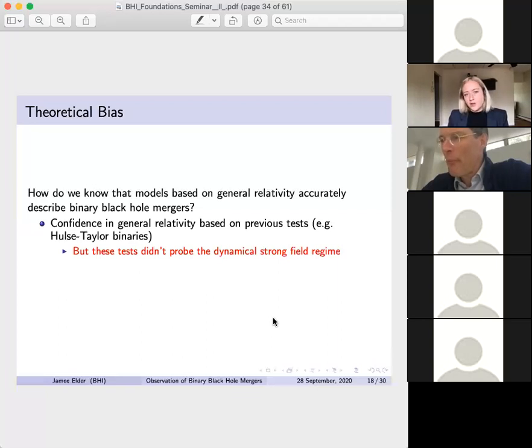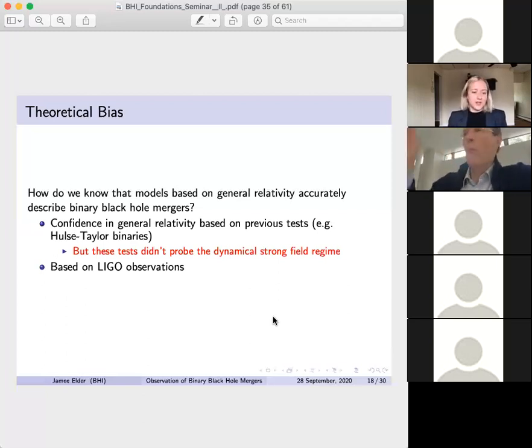However, those tests weren't probing the same physical regimes, namely the dynamical strong field regime, where velocities are large and the gravitational field is very strong. So then you might hope that the LIGO observations will come to the rescue, or it should be LIGO and Virgo there.